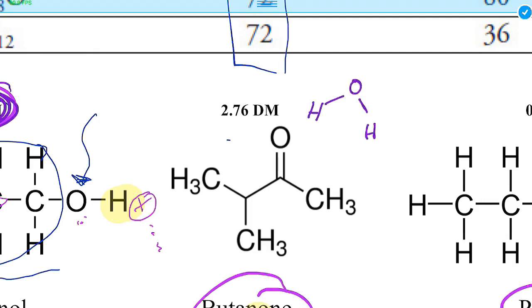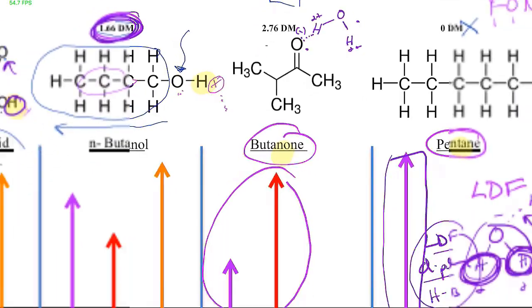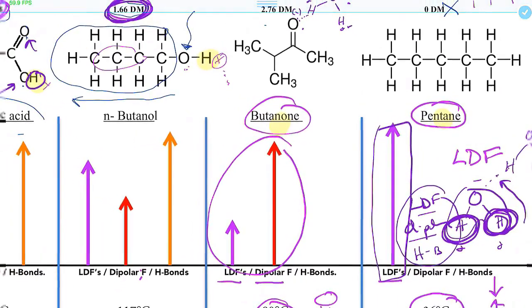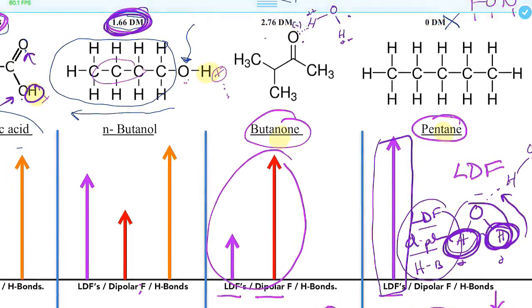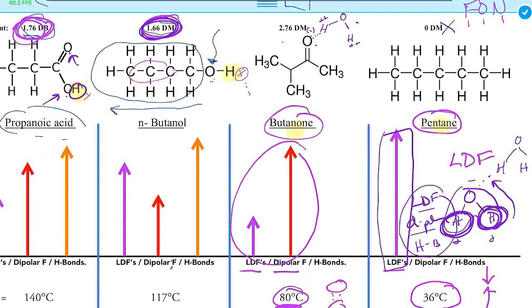And this is an important difference here. This partial negative is going to attract this H, which is a partial positive. And so these partial positives of water can interact with this O. So water can H bond with this O. Even though this butanone does not H bond with itself, it can H bond with water because it has a very electronegative O.